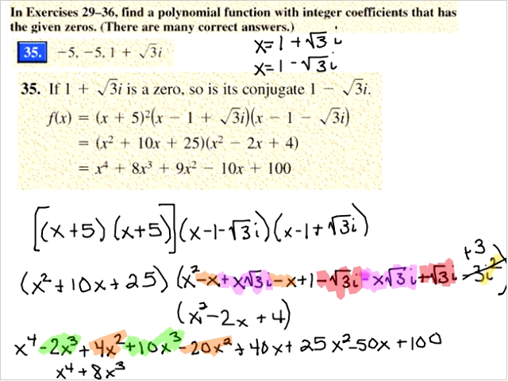So 4x squared minus 20 plus 25 is 9. Then we can do the x's. So 40x minus 50x is negative 10x. And I have that plus 100 at the end, which matches up to the answer that was given there. So that's good.